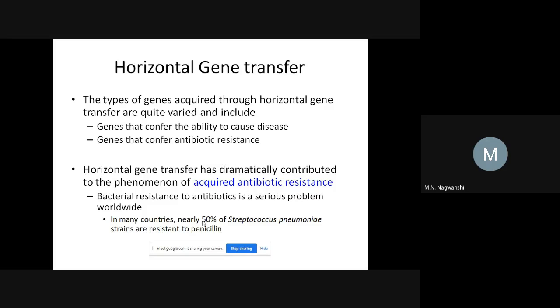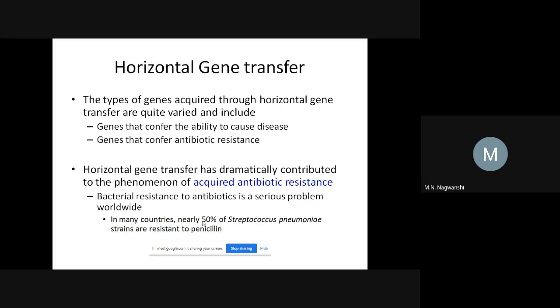Okay, so bacterial resistance to antibiotics is a serious problem worldwide. When you treat bacteria with one antibiotic, it becomes a resistant strain. After that, if you add the same antibiotic many times in the culture medium, then the bacteria develops antibiotic resistance to that particular antibiotic.